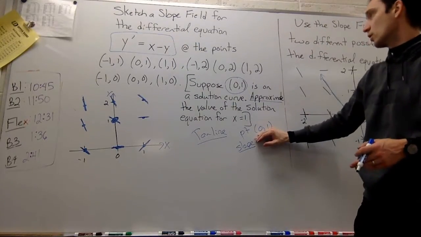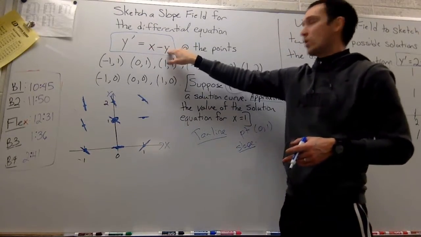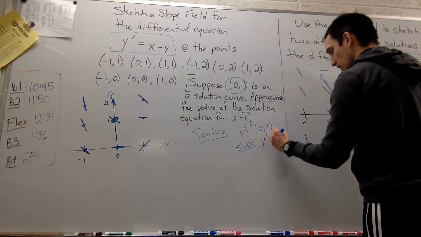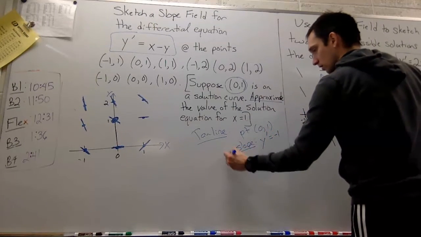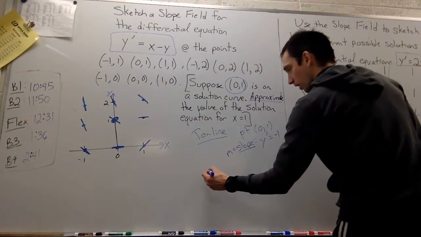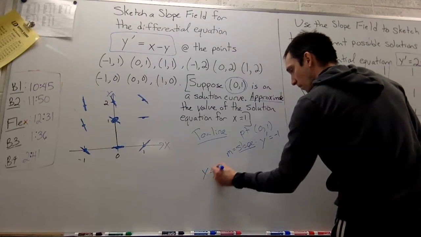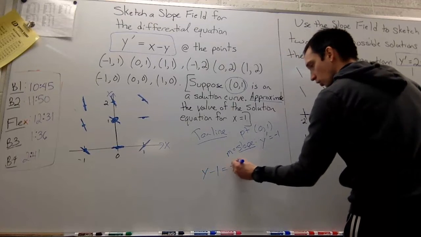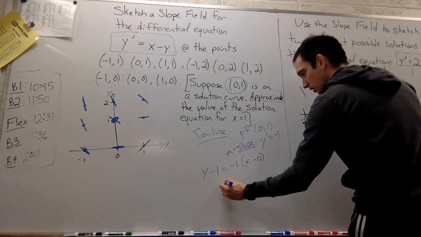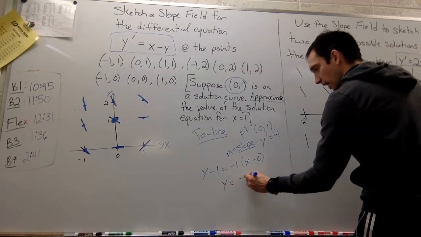So if you plug in 0 and 1, you get 0 minus 1, which is negative 1. Boom, there's our slope. y prime equals negative 1 is our slope, m. And then you write your tangent line equation. So y minus 1 equals our slope, negative 1, times x minus 0. Isolate y, so you have y equals negative 1x plus 1.